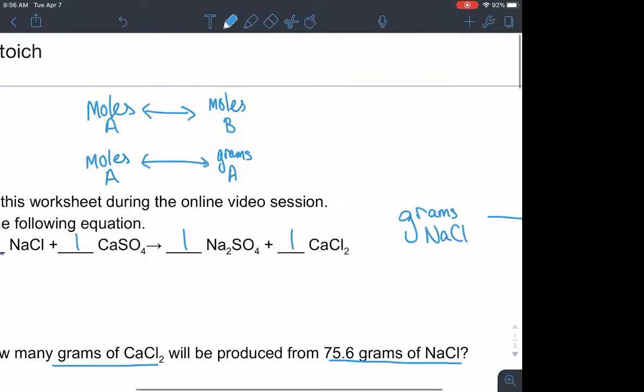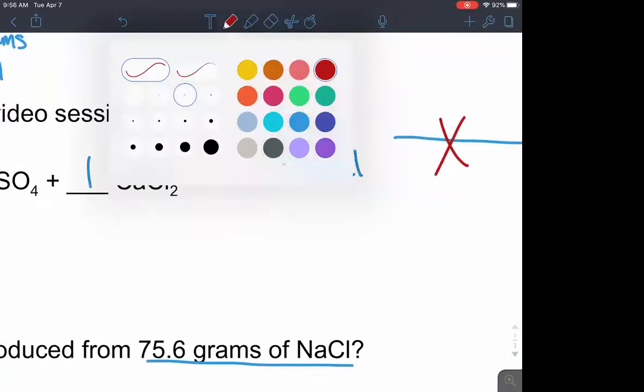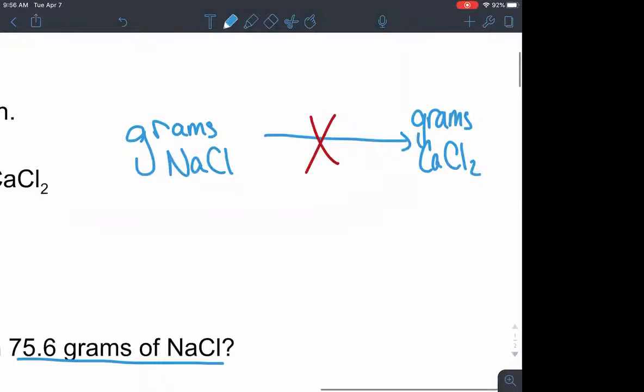So if we're looking here, we talked about this before, but can we go from grams of one compound to grams of a different compound? No, we cannot. So instead, we're going to go from grams to what? Moles. Perfect. We're going to go from grams to moles.